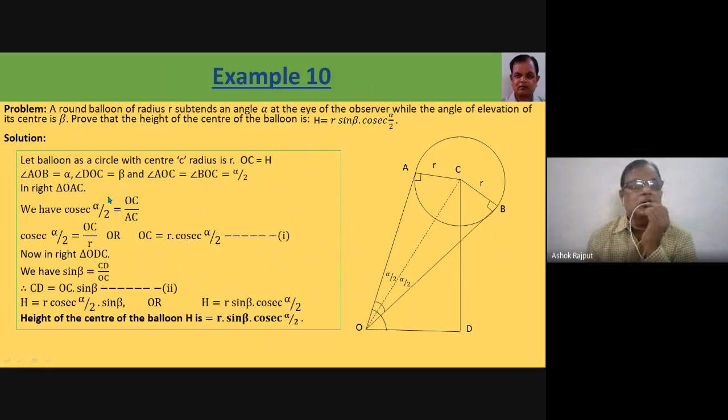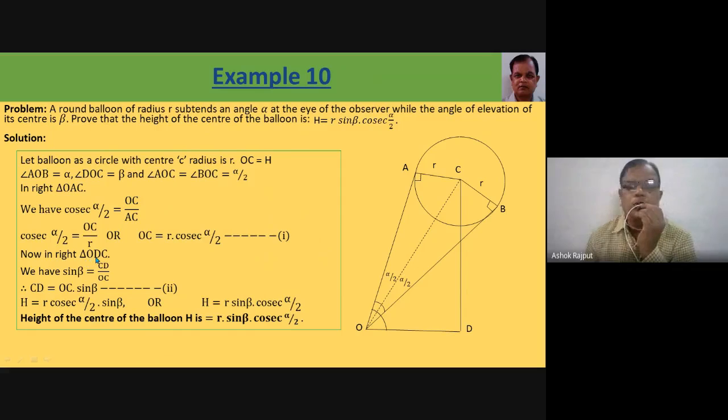CD equal to h, and in right triangle OAC, we have cosec alpha by 2 equal to OC upon AC. Okay, it is right. Now, cosec alpha by 2 equal to OC upon r. OC equal to r cosec alpha by 2.